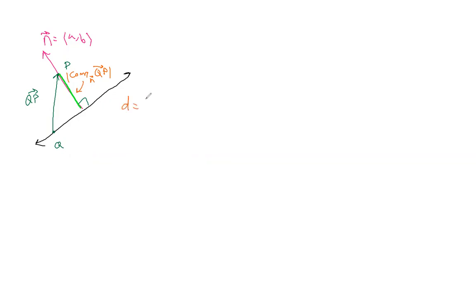So the distance is, in other words, the magnitude of AB dotted with x2 minus x1, comma, y2 minus y1, over magnitude AB.